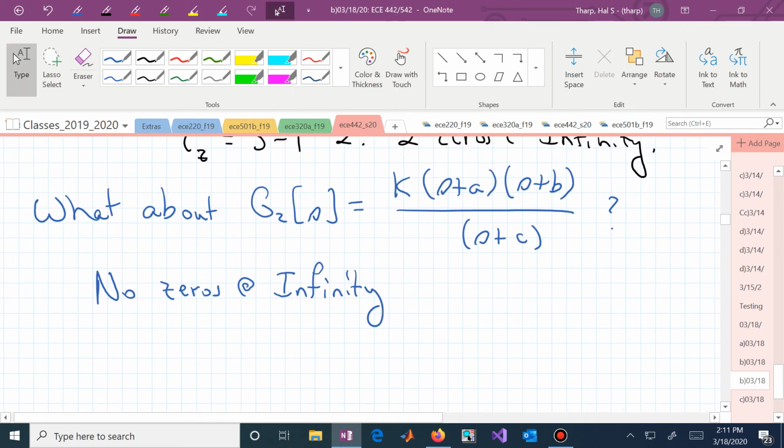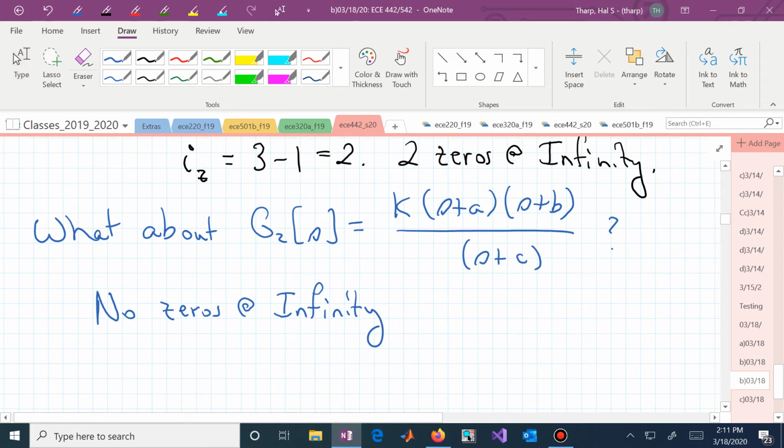But now we have G sub 2 of S. If we look at that, we actually can see that we have upstairs, as S goes to infinity, S squared dominating, and downstairs we have S dominating.